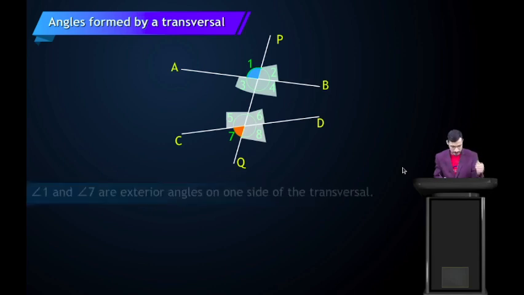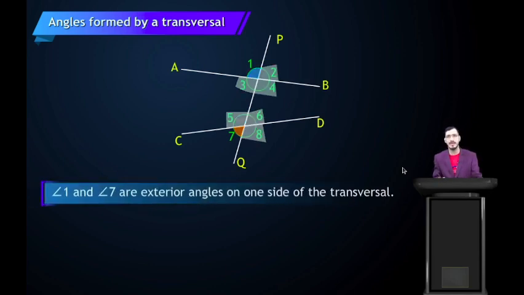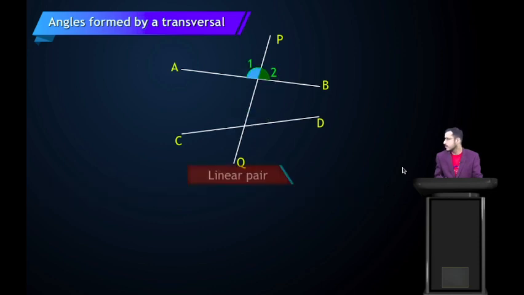Now when we talk about angle 1 and angle 7, both are exterior angles on one side of the transversal, the left side. Similarly, angle 8 and 2 are on the same side of the transversal line. Now, linear pair: you know about linear pair?